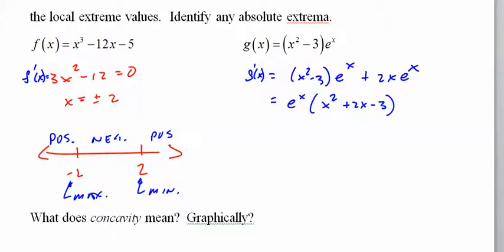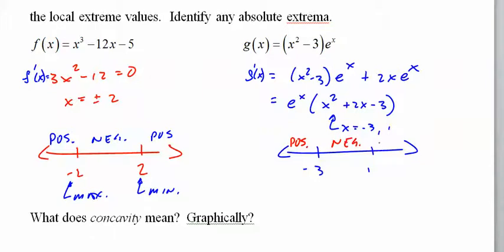Set it equal to 0, and we find zeros at -3 and 1. And our number line. Check it out, what's going on. Positive, negative, positive. So we get the exact same thing.